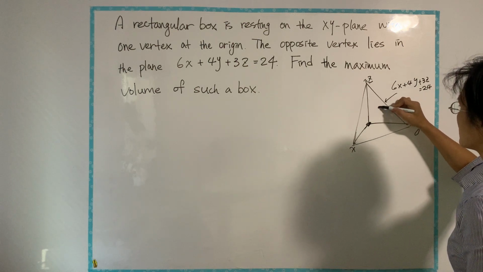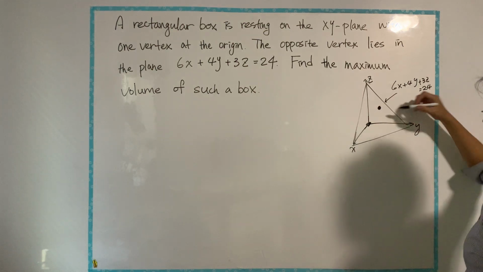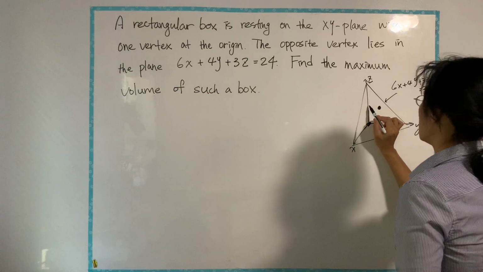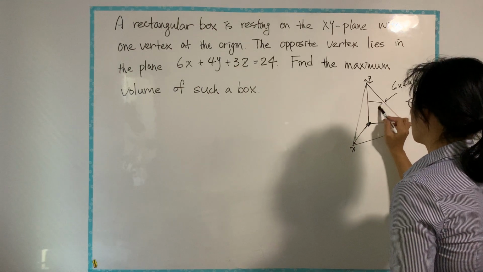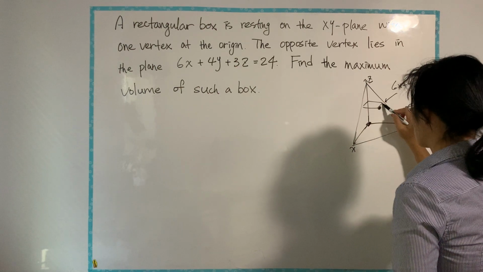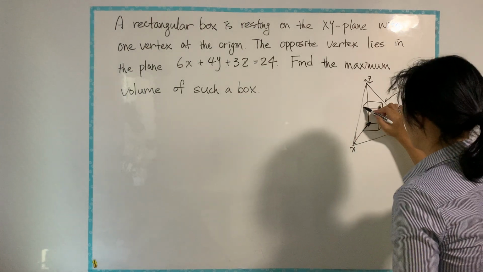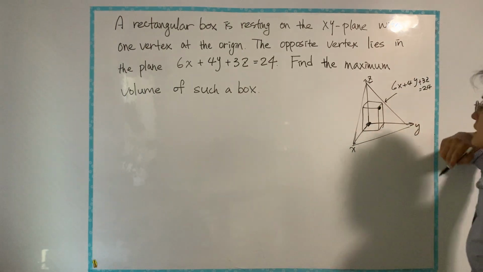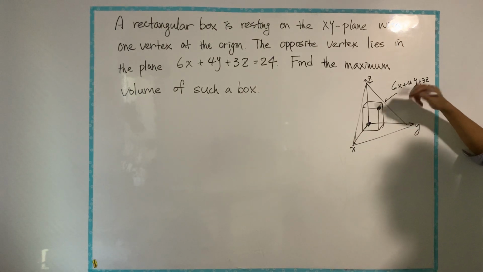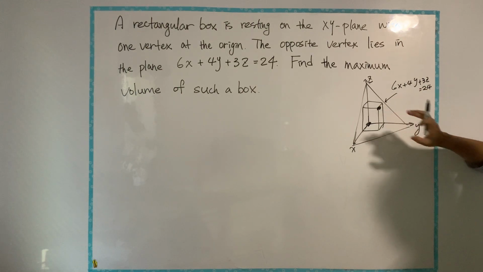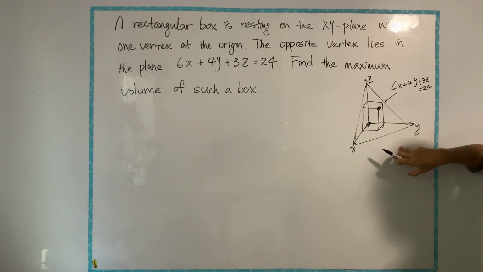So the opposite vertex is sitting on the plane. So let me sketch this out. So I have a box like this, all right? And I want to find the maximum volume of such a box, okay?